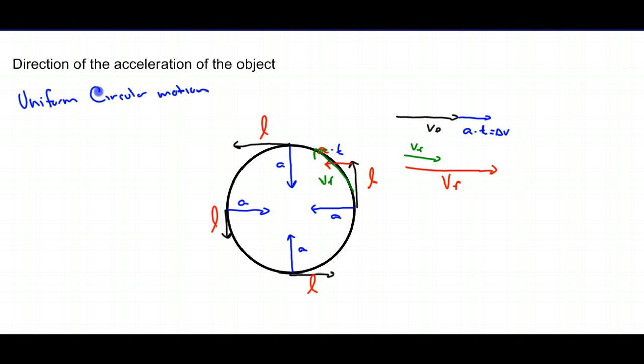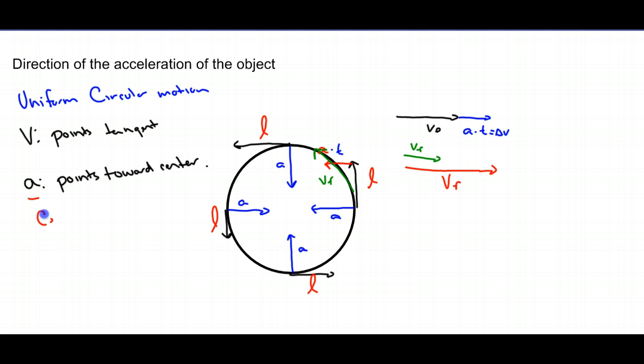we know two things. First, we know that the velocity vector points tangent to our circle. Second, we know that our acceleration vector points toward the center. And the result is that we have a new name for this type of acceleration vector.